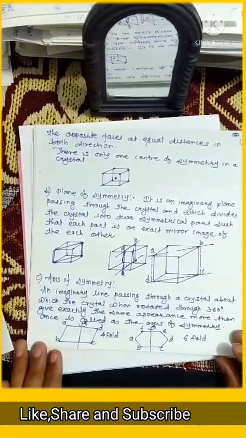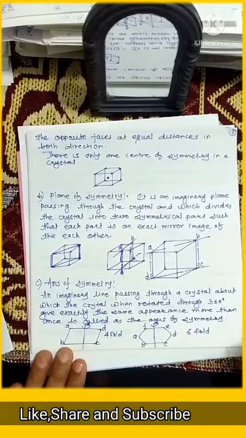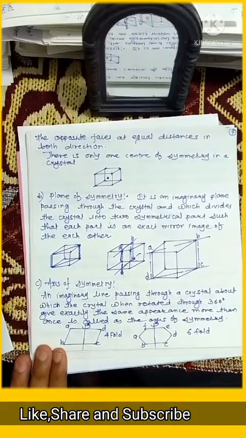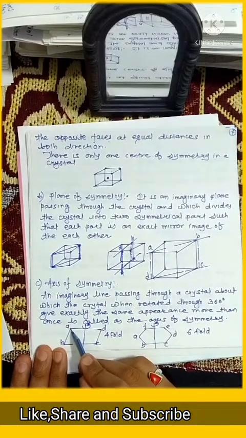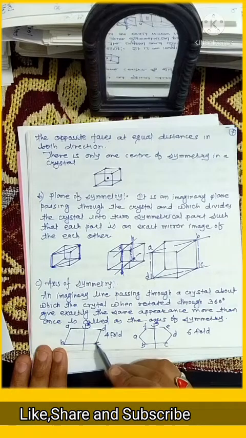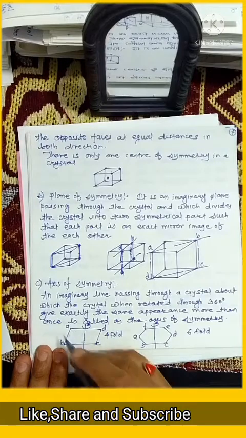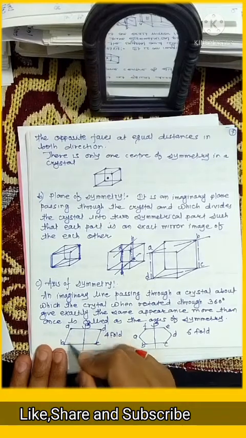So just see, in this parallelogram, points A, B, C, D are present.